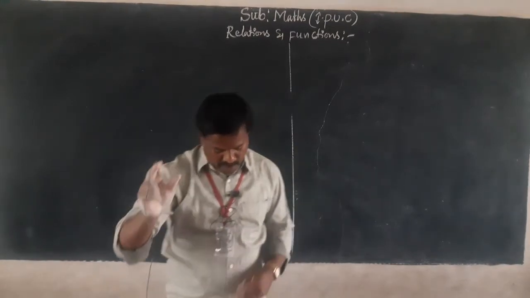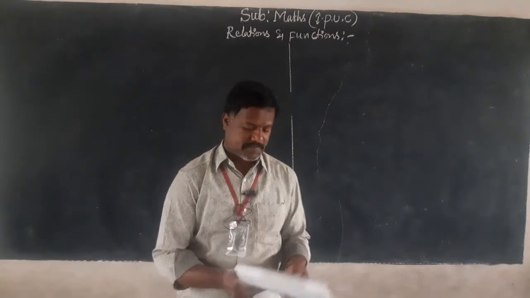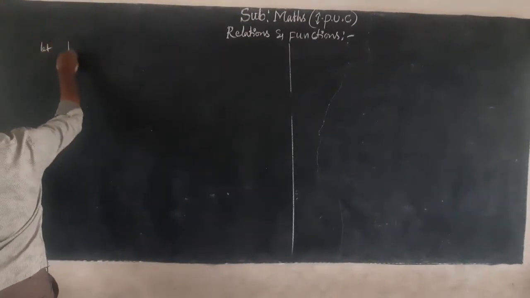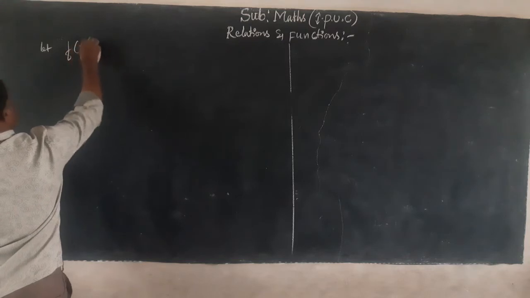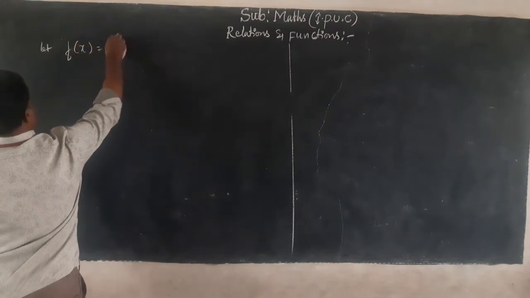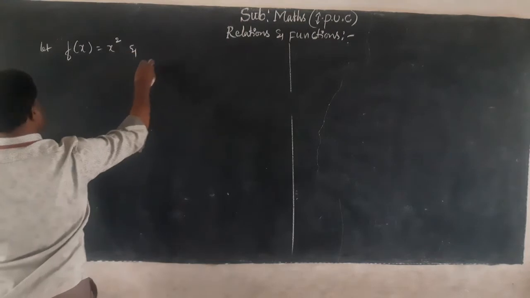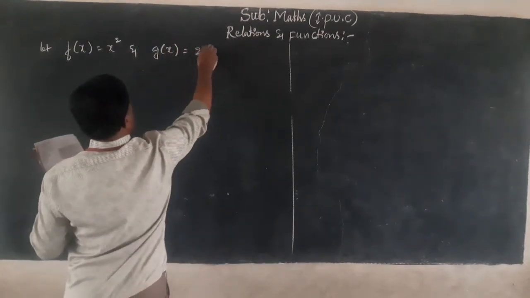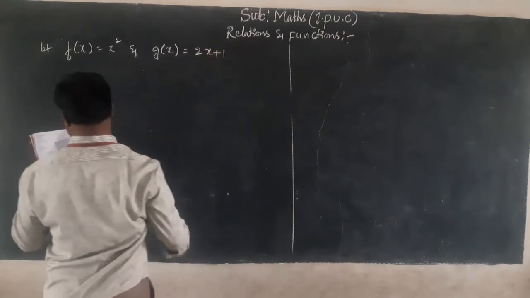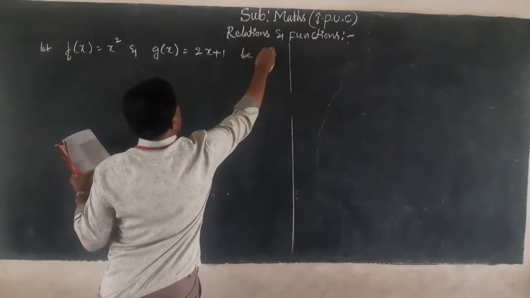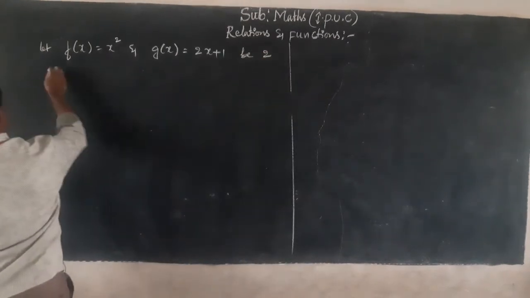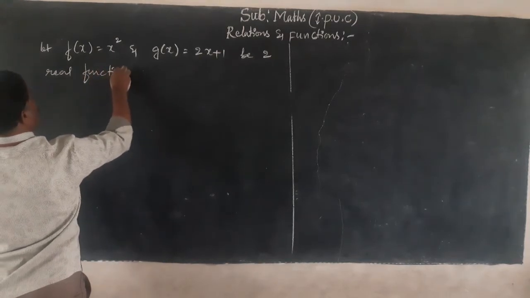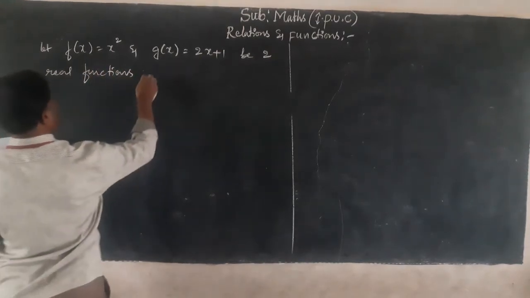Children, here we have the first problem. Let f of x is equal to x square and g of x is equal to 2x plus 1 be two real functions.